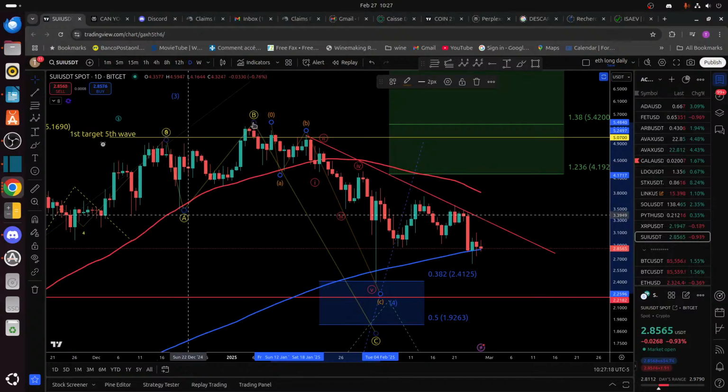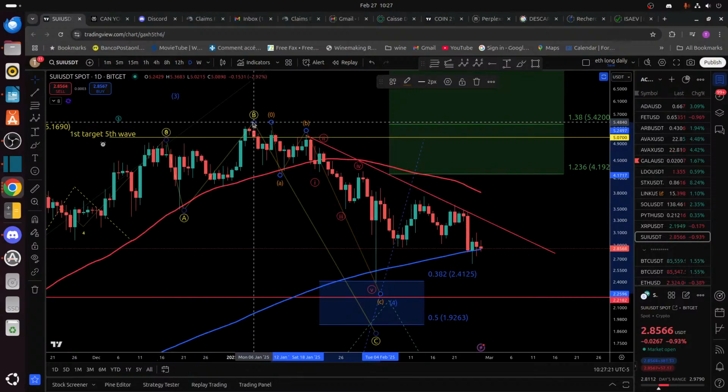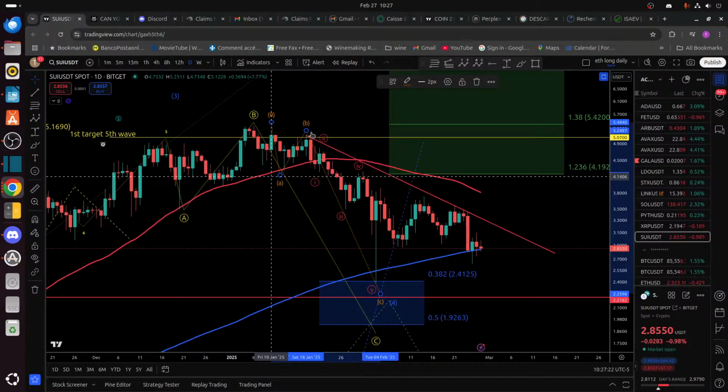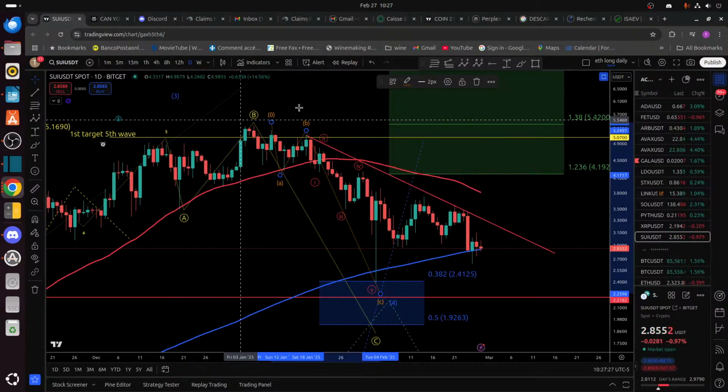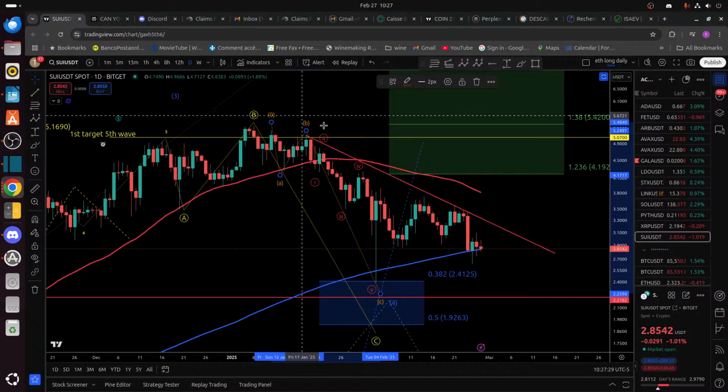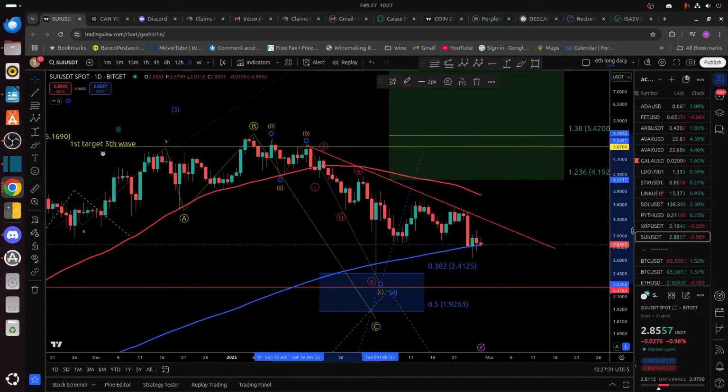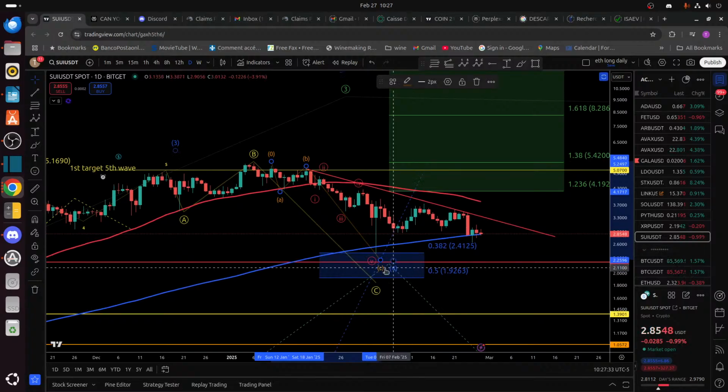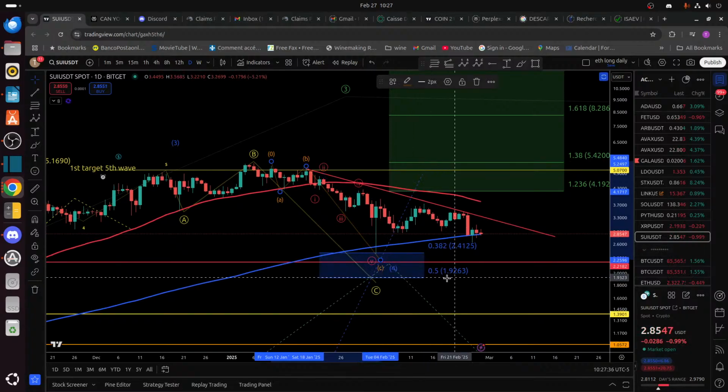For the moment, I don't see it. I find that for now it's working well, but who knows. And we don't have much room to go lower, otherwise we invalidate this count. So I cannot go lower than $1.92. It's very important.